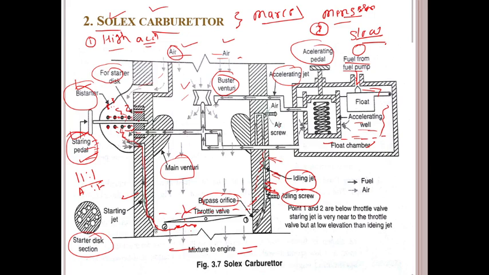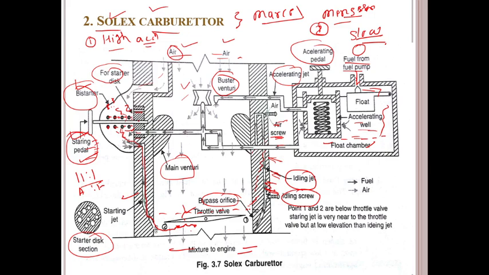If you observe there, this arrangement is the air screw. So the air screw is present near the opening of the pilot jet. This pilot jet opening is adjusted using this air screw to control the engine speed by controlling the amount of air fuel mixture to the engine.